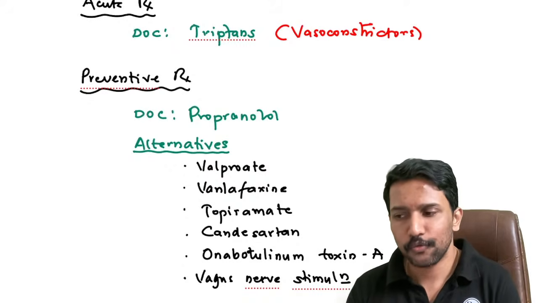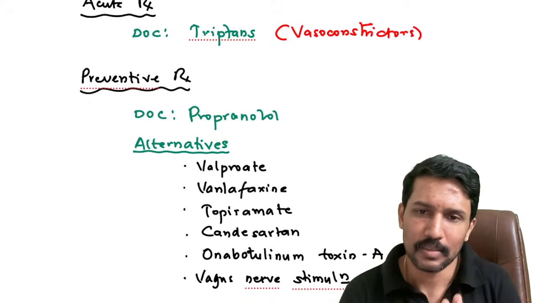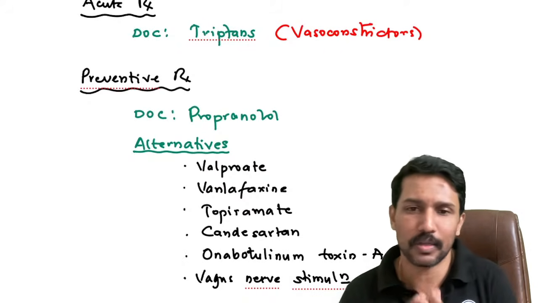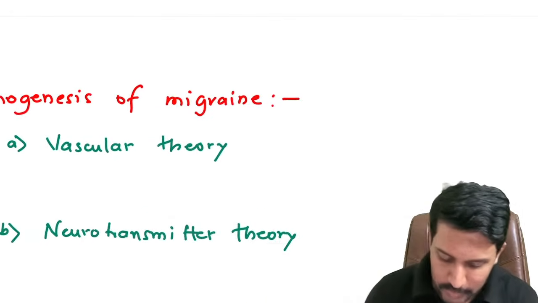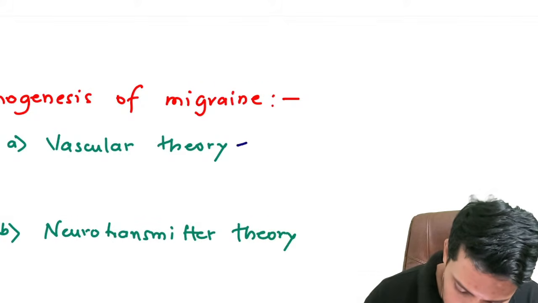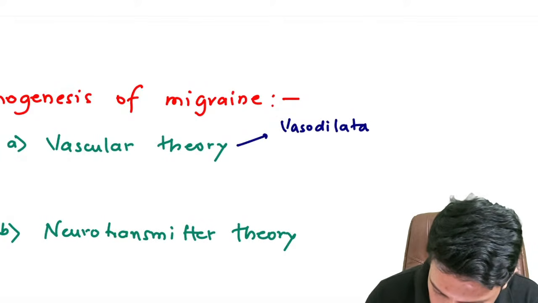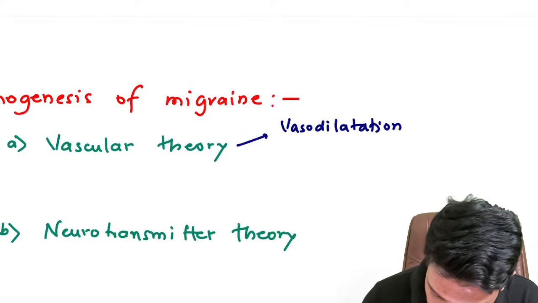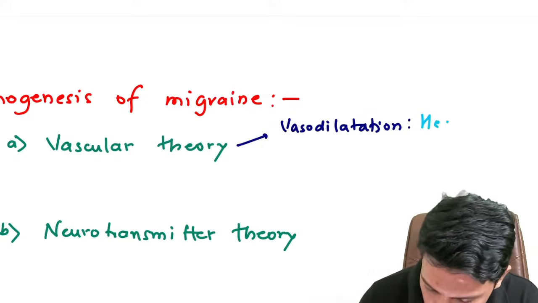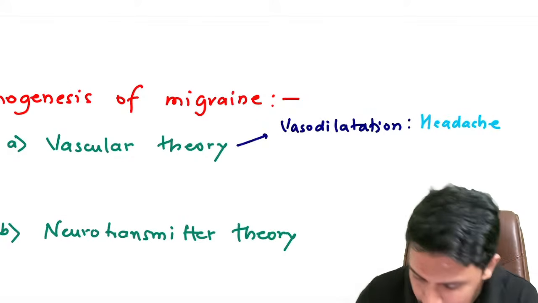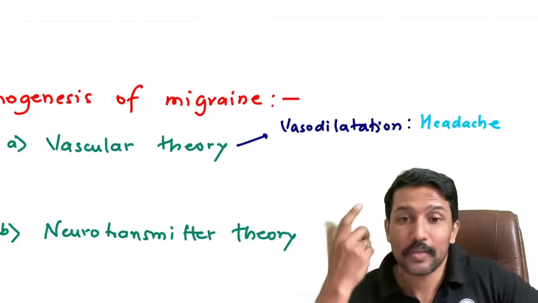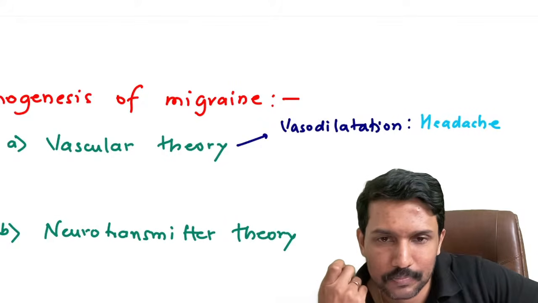But it is not fully accepted today as a theory. It may have a contributory role. So what the vascular theory said is vasodilatation is responsible for the development of headache. But then this theory does not explain why vasodilatation happened.